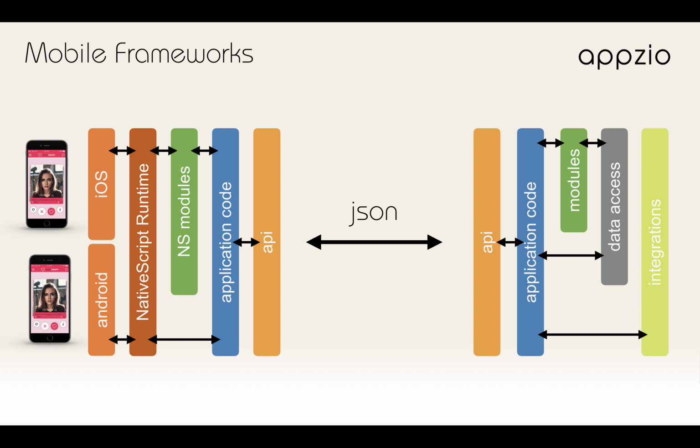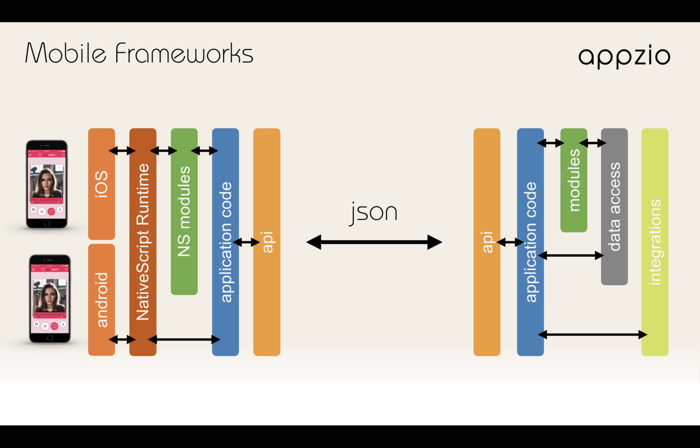I'm using here as an example NativeScript, a fairly popular framework where you develop in JavaScript. At least the promise is that you develop once and you can deploy for both iOS and Android. With very few frameworks, in the end, it really works that way. There are normally some considerations that you need to take for both platforms.